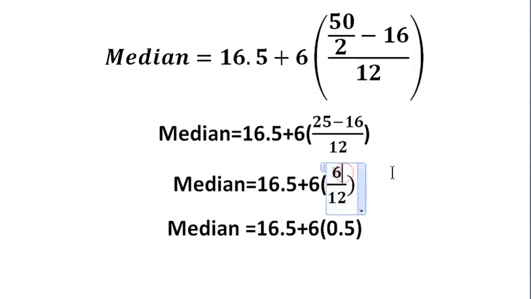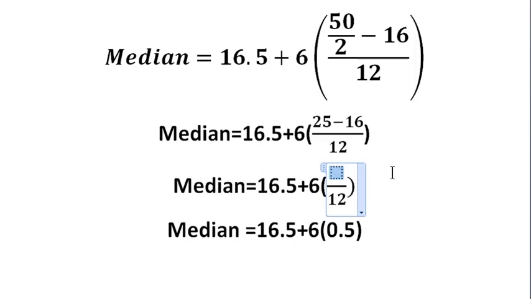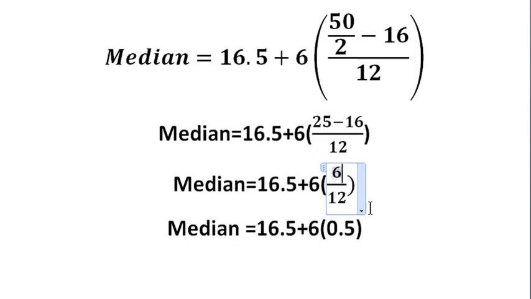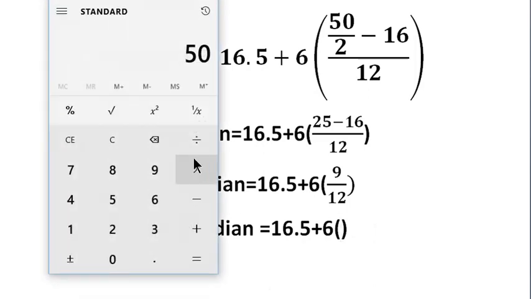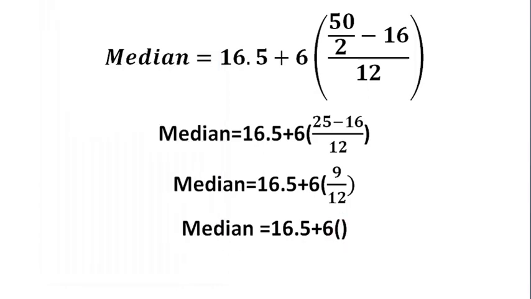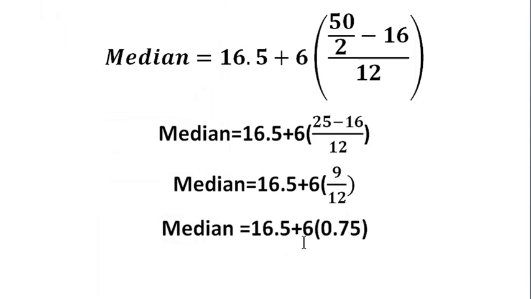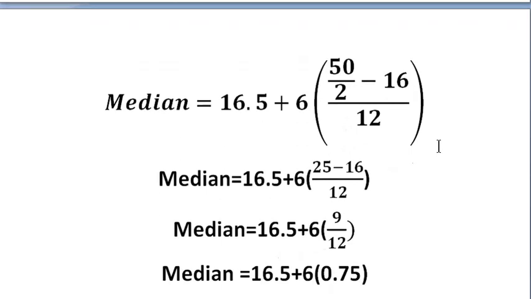This is 9. 25 minus 16 is 9. So we'll be having 9 divided by 12. Sorry for this adjustment. 9 divided by 12 will give us 0.75. It's okay now.